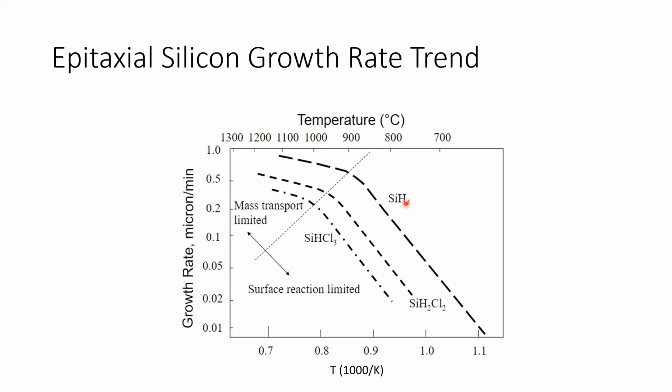If we increase the number of H, the growth rate will increase. On the other side, if we increase the number of chlorine, the etching will increase, and the growth rate will decrease.